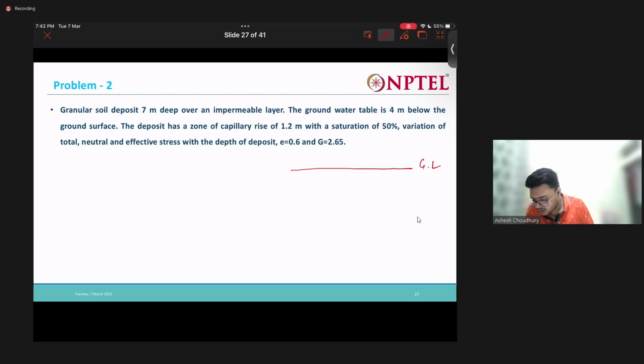This is my ground level, and water is 4 meter below. There is a capillary rise of 1.2 meter, up to this much.